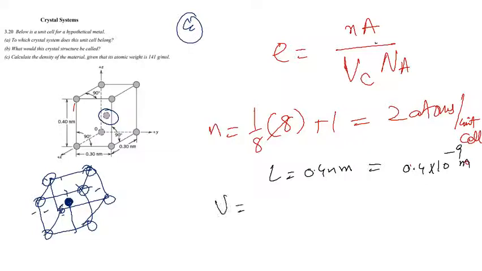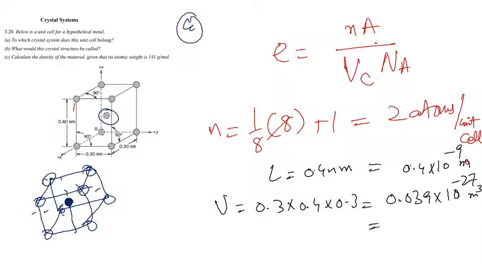So volume is 0.3 multiplied by 0.4 multiplied by 0.3, which, if I multiply it on my calculator, gave me 0.036, and there are three nines, so into 10 raised to the power minus 9 three times is minus 27, and it is in meter cube. Now I want to convert it into centimeter cube.